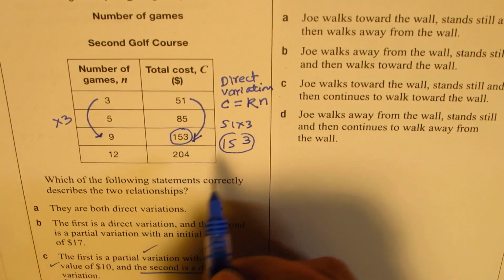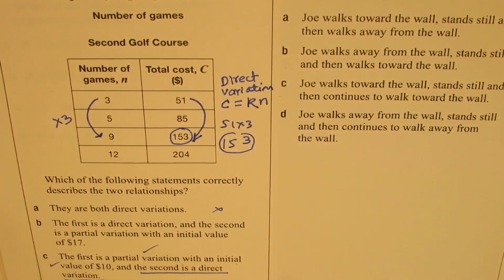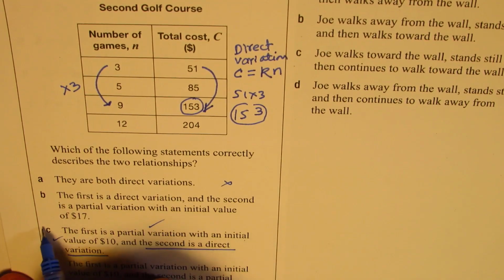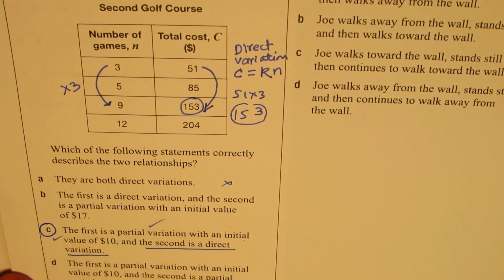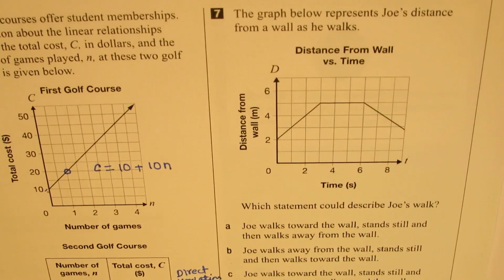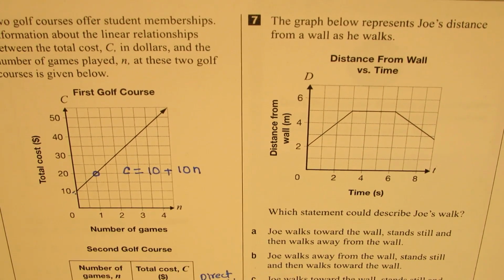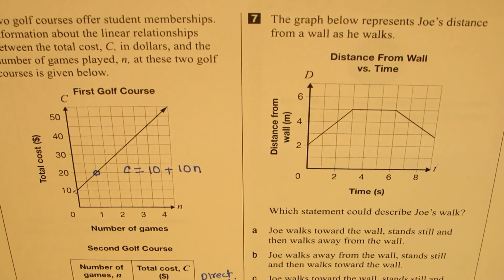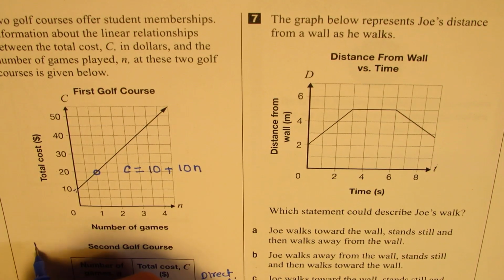So that means this is a direct variation. So option C is the right option. Correct? Option C is the right option. And this is probably the simplest way to check this. Okay, so that is how you should be checking direct variations. So this is very important. Let me write here important.